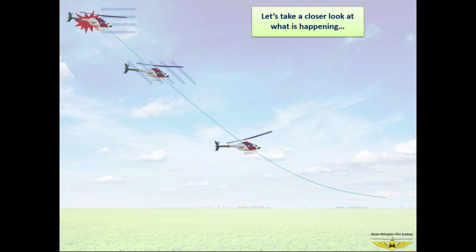So let's have a look at the aerodynamics on the rotor blade at this point in time. The pitch on the rotor blade is going to be, what, high or low? Hopefully by this time it's low. You've lowered the collective, right? So the pitch should be low.